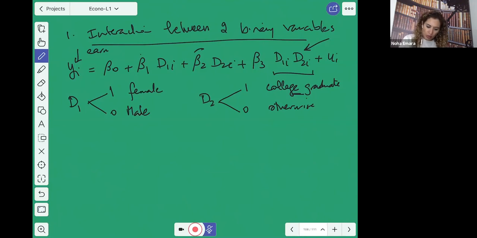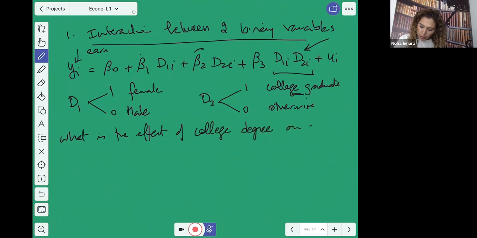It's not a continuous variable. So if I want to see what is the effect of a college degree on earnings, which is Y, the first thing is, okay, what is the effect of no college degree?